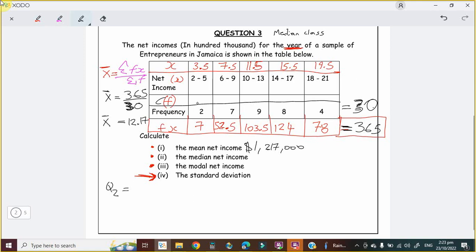Good. So just for everybody else to see, remember cumulative frequency: 2, add 2 to 7, 9, 9 to 9, 18, 26, 30. So 15.5 is indeed in here. Good. So now that it's in there, Lamar, 10 to 13, what are you going to do?